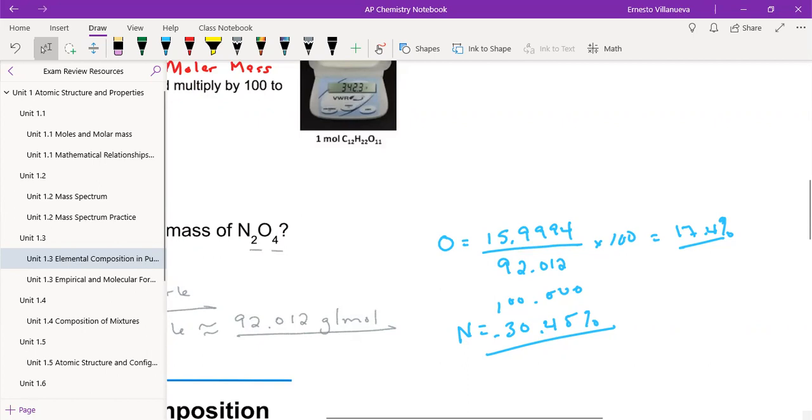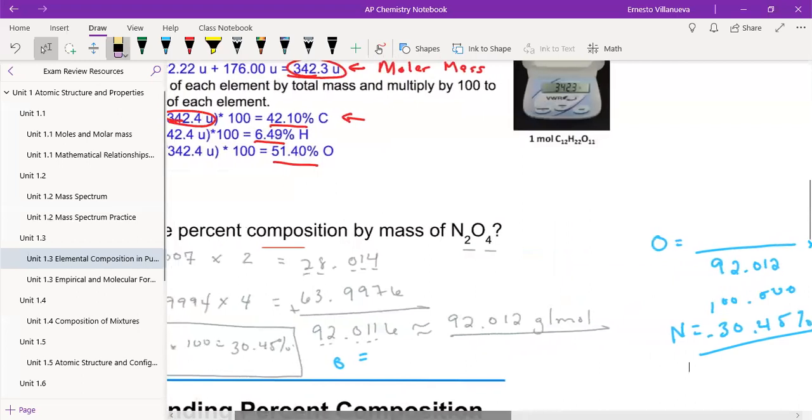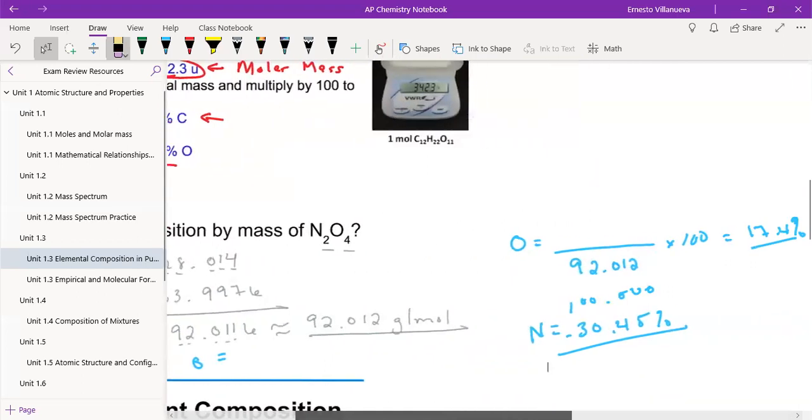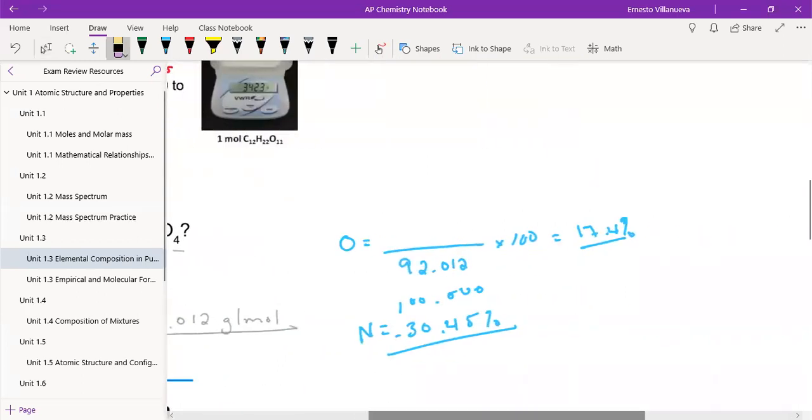Oh, see, even I made the mistake. It should add up to 100. So it's not 15.994. I was like, why isn't this working? It should be 63.996. Let me go ahead and erase this. 63.996 divided by 92.012.